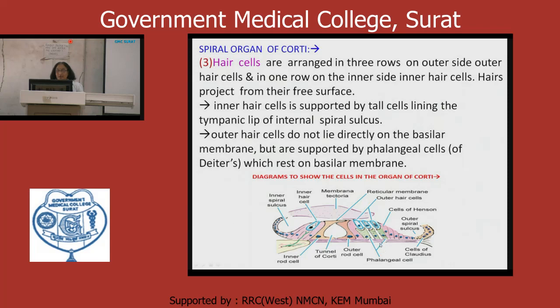You can see this is the basilar membrane, but the outer hair cells are supported by the phalangeal cells of Deiters, or Deiters cells. These phalangeal cells, in green, rest on the basilar membrane. So what is the characteristic? The inner hair cells are supported by the tall cells lining the tympanic lip of the inner spiral sulcus, and the outer hair cells do not lie directly on the basilar membrane but are supported by the phalangeal cells of Deiters, which rest on the basilar membrane.